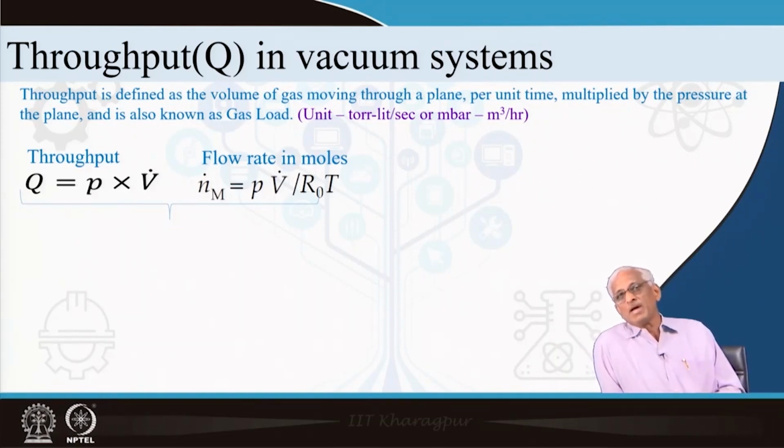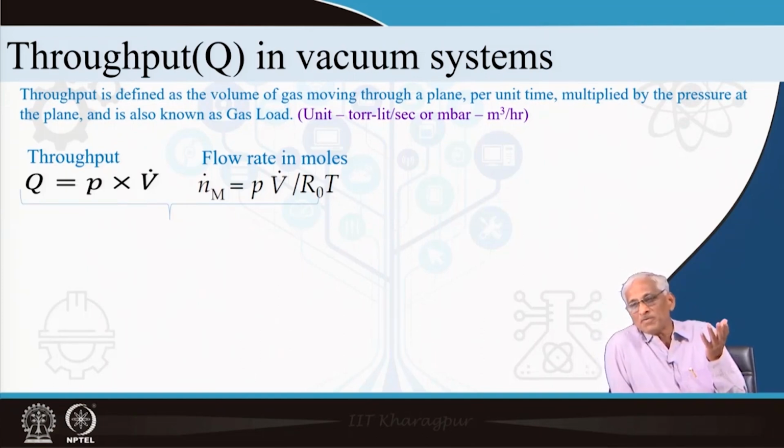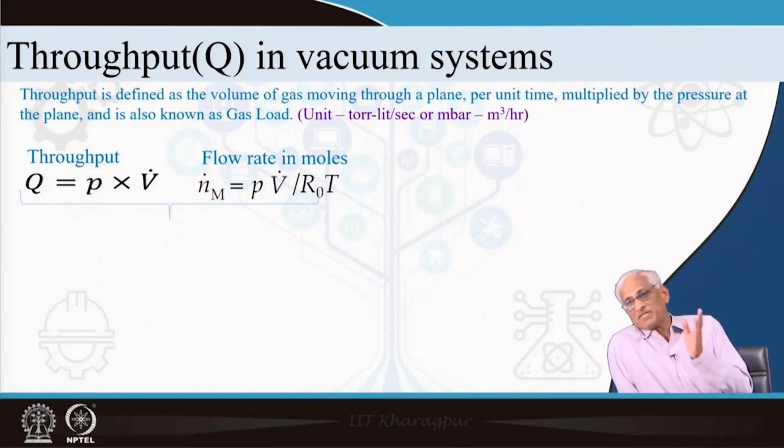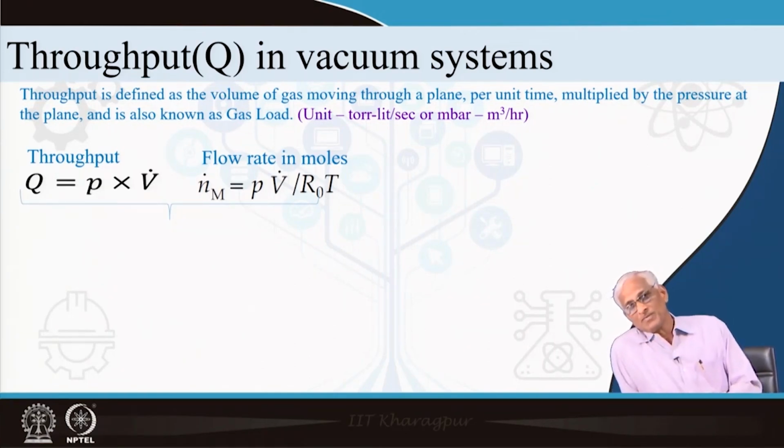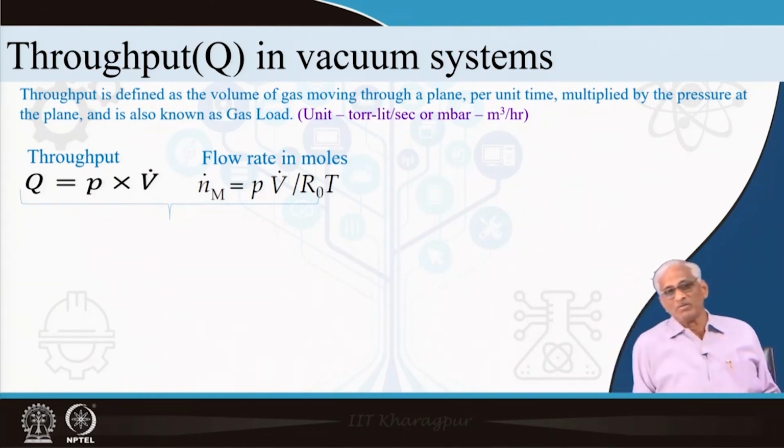So, PV dot by RT will become n dot, that many moles are flowing. From a macroscopic point of view, gas is flowing, and mass of gas in engineering systems, here throughput of gas is flowing. So, Q is P into V dot. We also know n dot m is P into V dot by R naught T in a fundamental way.